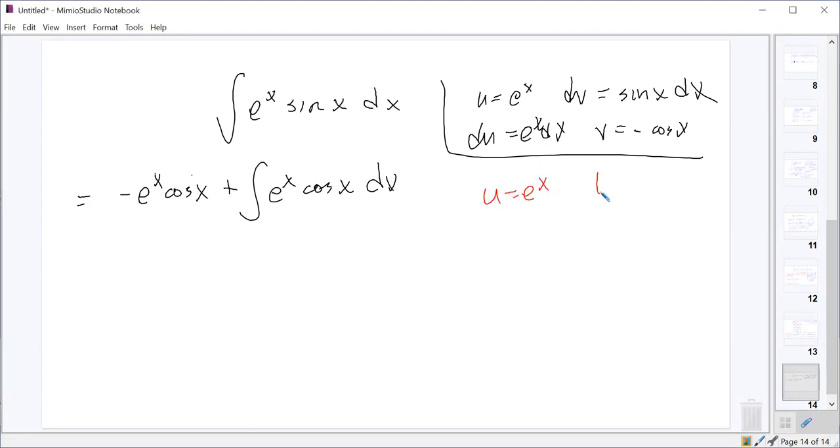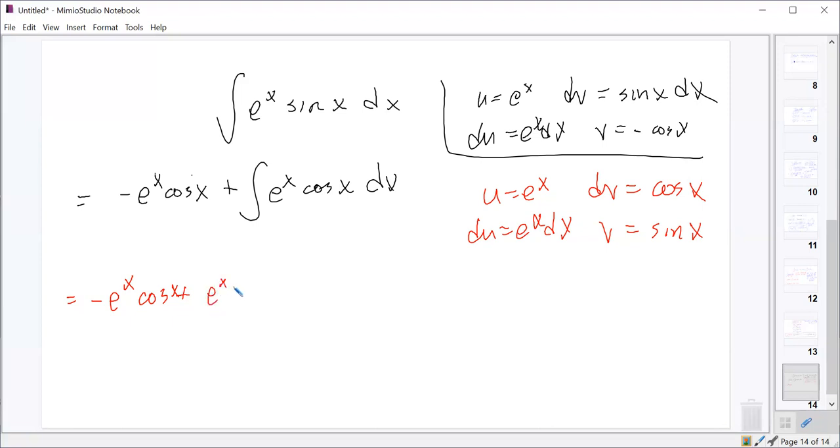We'll let u equal e to the x. This time dv will be cosine x, and du will be e to the x dx, and v will be sine x. And so we'll have negative e to the x cosine x plus, and now it's our new u times v, so that's e to the x sine x, minus the integral of v du, which is the integral of e to the x sine x dx.